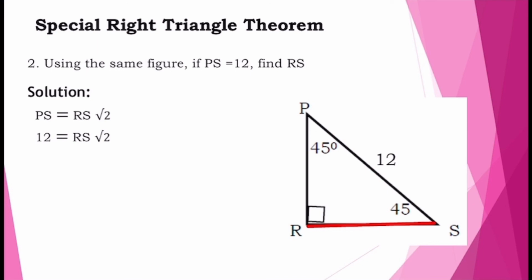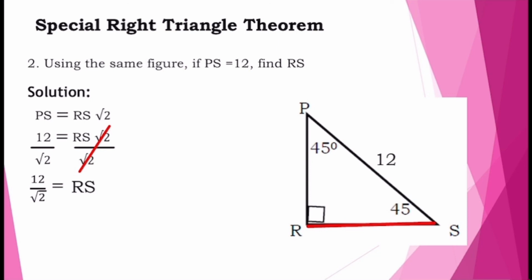After that, divide both sides by square root of 2 so that we can find only the value of RS. So, divided by square root of 2, divided by square root of 2. We cancel the square root of 2 on the right side, and the remaining will be 12 over square root of 2.